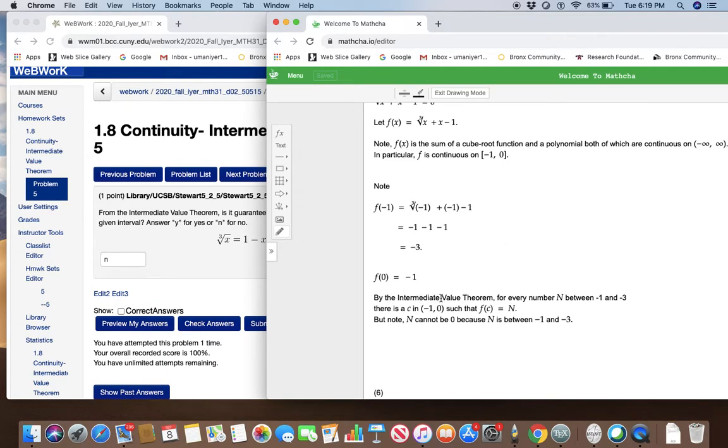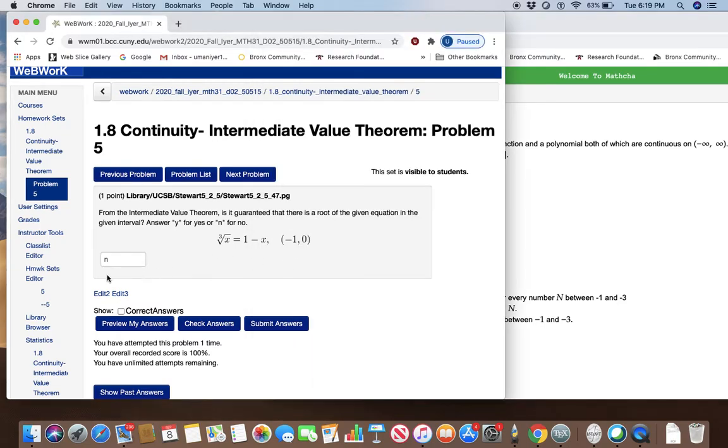So what does it say by the intermediate value theorem? For every number between negative 1 and negative 3, there is a c in the open interval negative 1 to 0 such that f(c) is m. But between negative 1 and negative 3, you will not find a 0. So there is no guaranteed root.